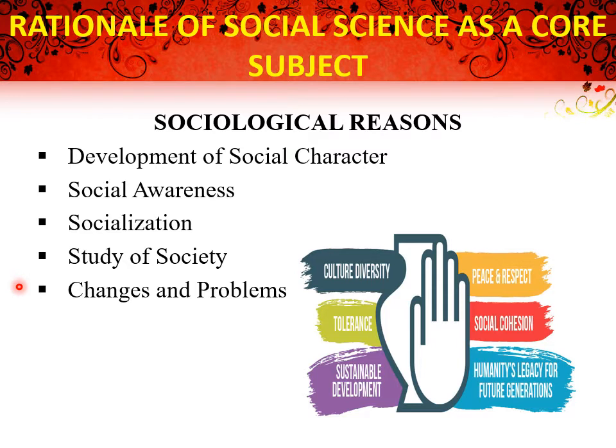And last but not the least, the aim of change and the problems under the social reason is to find out how man has changed his environment and adjusted himself according to his environment, right? So these help in the production of well-adjusted and well-informed citizens. It enables our pupils to become efficient and effective members of the world community.